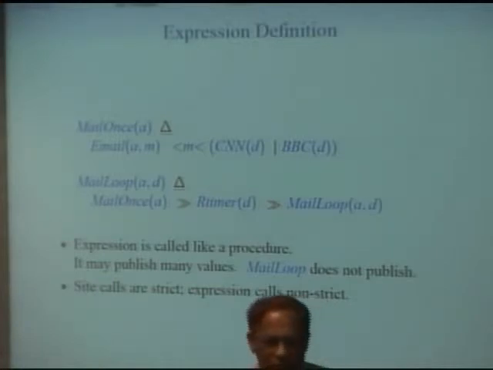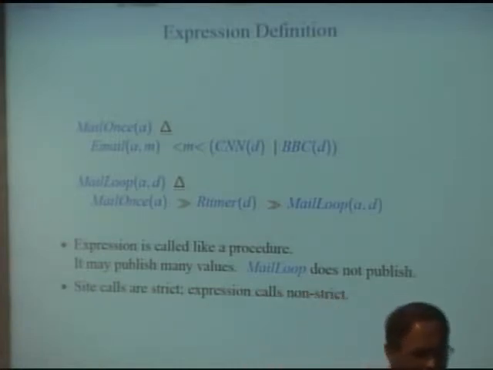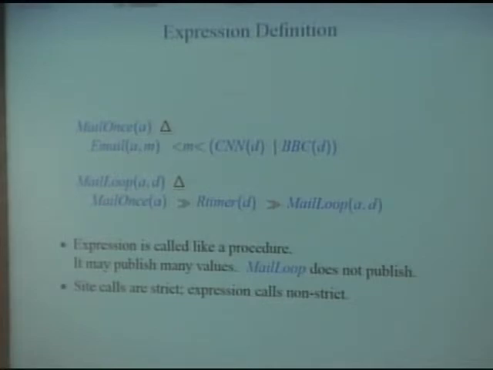What I've shown you so far will not give you unbounded computations. It is bounded. And for the unbounded computation here, mail loop A D, just imagine D is an interval, like a day. Here I start out by calling mail once A, which will send at most one email to A. And then it waits for D units of time, maybe a day.